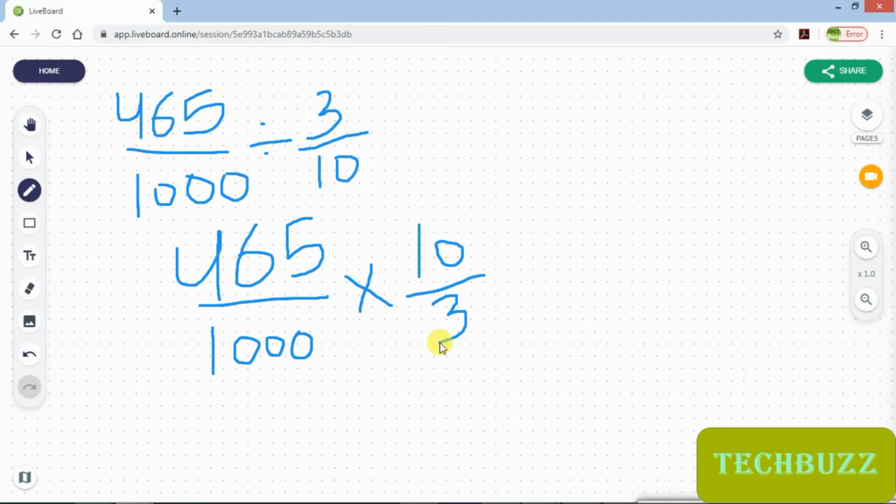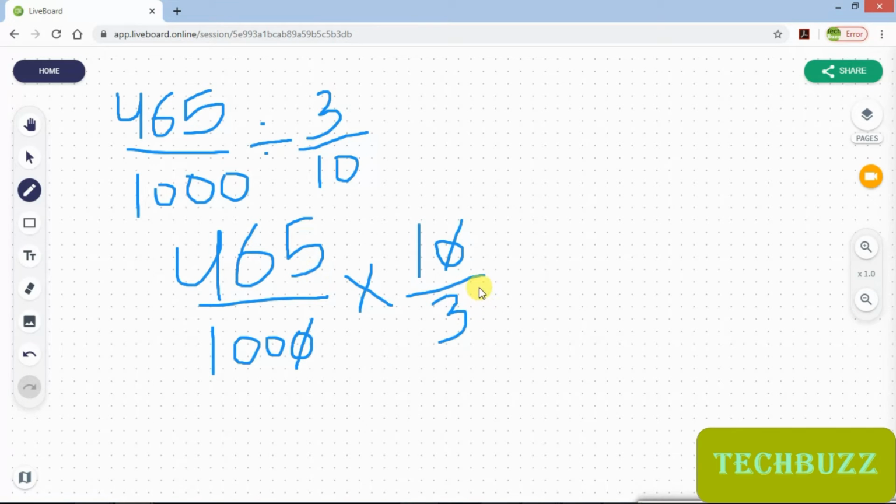Now we can simply cut 10 of this numerator with 10 of this denominator. For our simplicity, don't cut this 100 with 465. First of all, check whether 465 is divisible by 3. Yes, it is divisible.